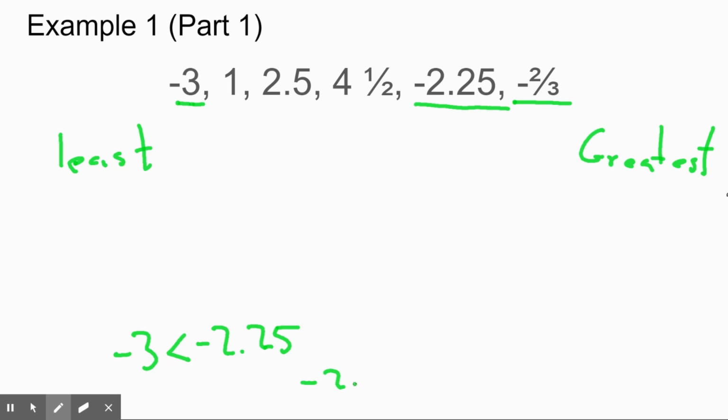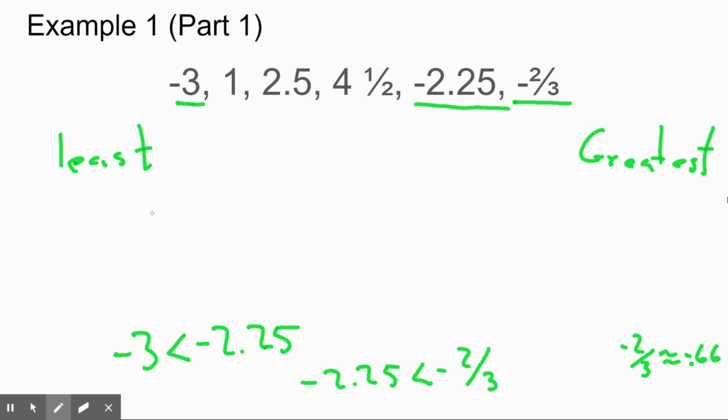Similarly, negative 2.25 is going to be less than negative 2/3. Remember, we could say that negative 2/3 is going to be about the same thing as negative 0.66. Really, the 6's would just repeat on forever, but it's close enough.